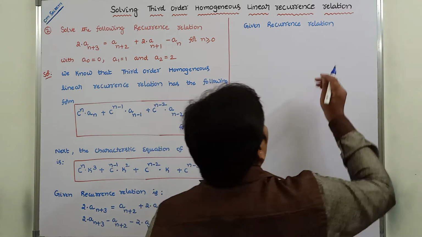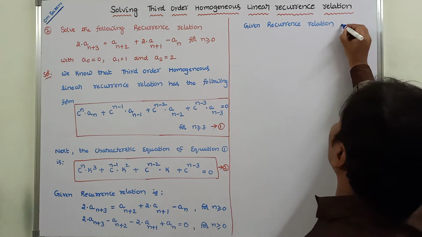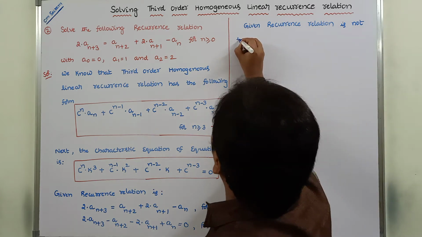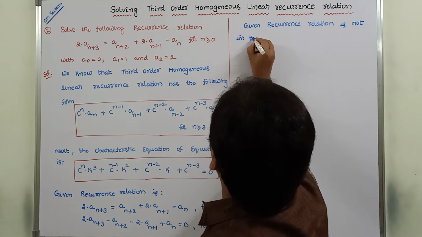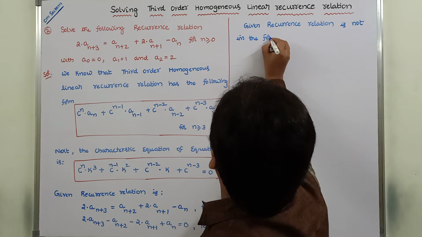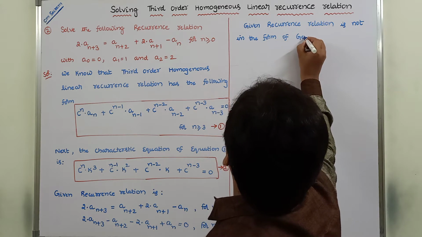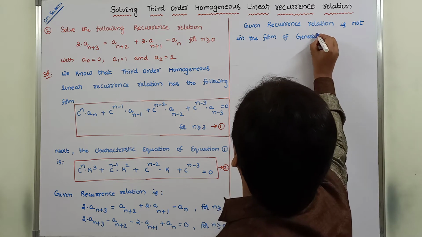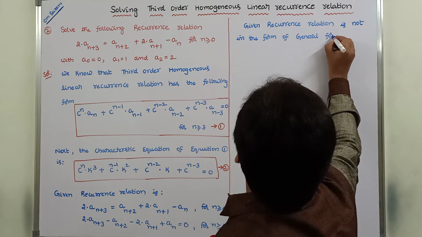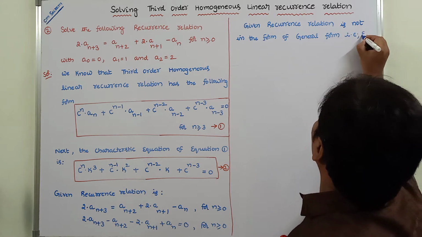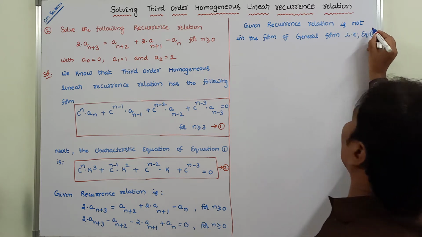Okay, now the given recurrence relation is not in the general form, that is equation 1.